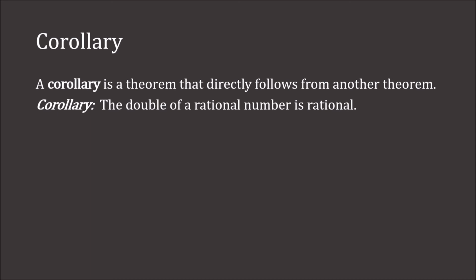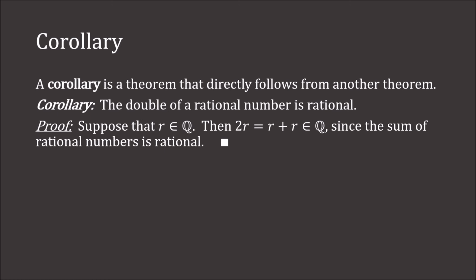So for example, the proof of this corollary: suppose that r is a rational number, then 2r is equal to r plus r, which is rational, since the sum of rational numbers is rational. We just proved that. And so that completes that proof. And so that will conclude our study of rational numbers.